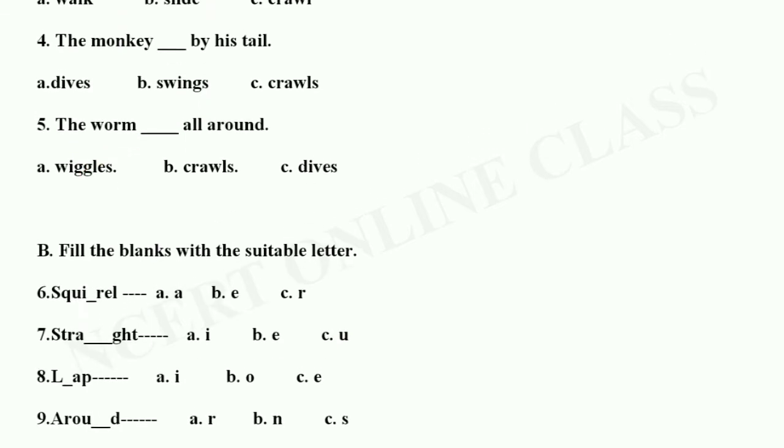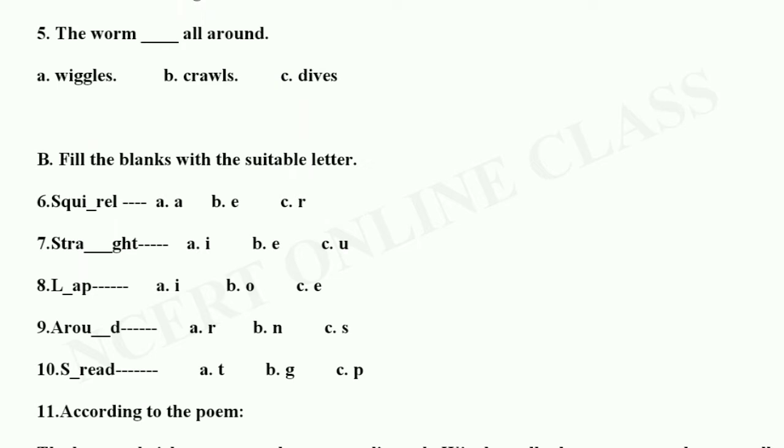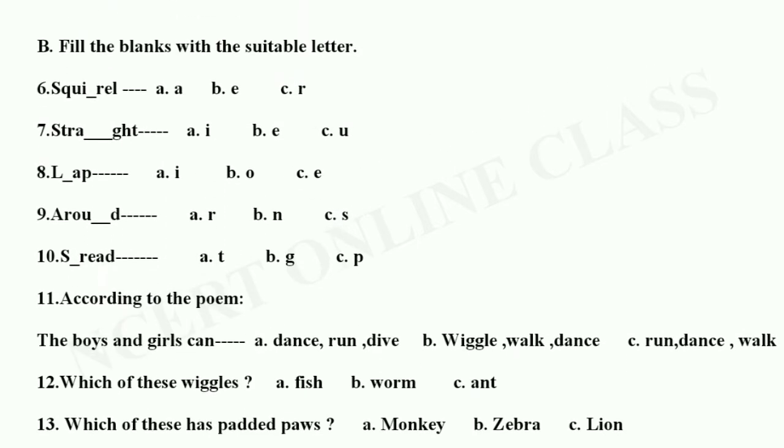Okay, next question. Part B: fill in the blanks with the suitable letter. Students, here are questions 6, 7, 8, 9 and 10. You have some fill in the blanks. You need to tick or circle the correct letter that is missing here.